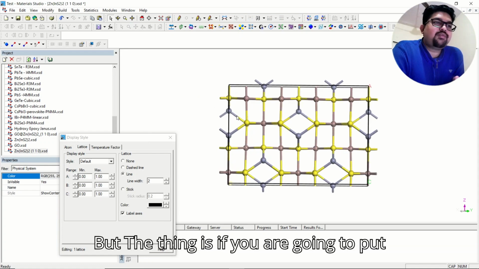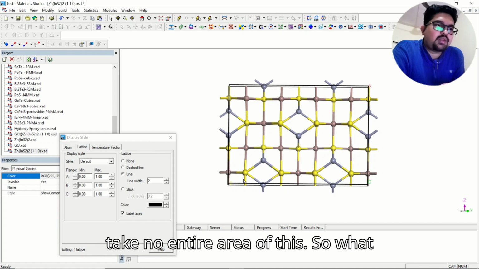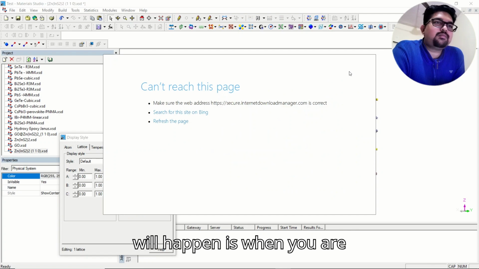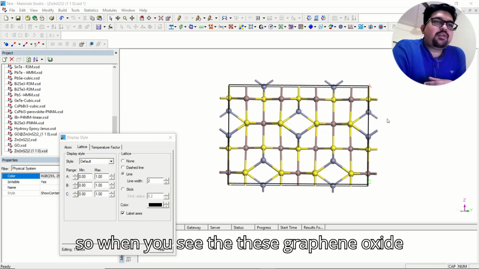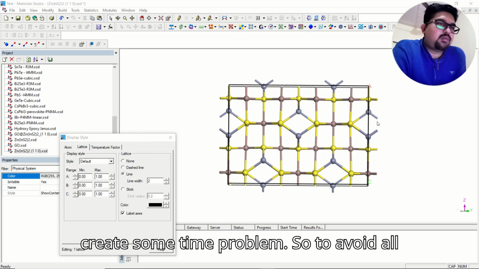But if you put it, that graphene oxide molecule will take the entire area of this. So when you see these graphene oxide molecules, they will interact with the neighboring graphene oxide, which can create problems.